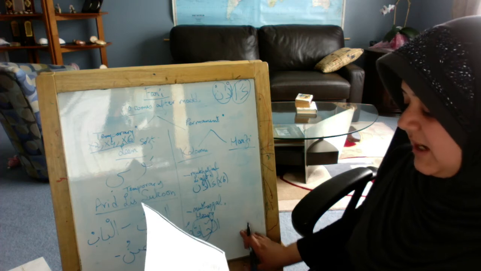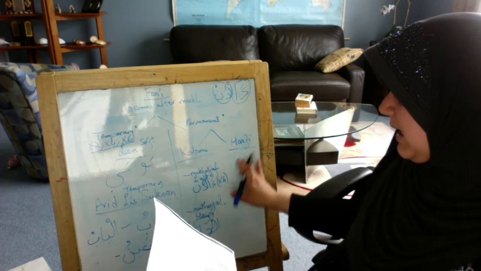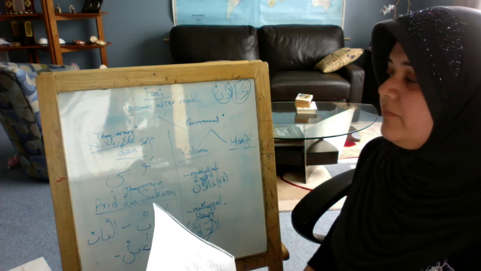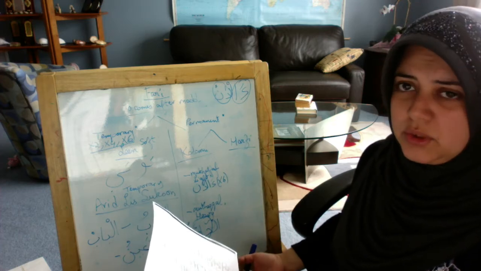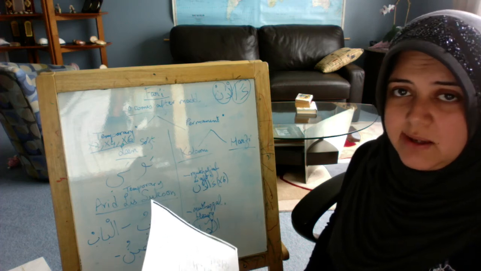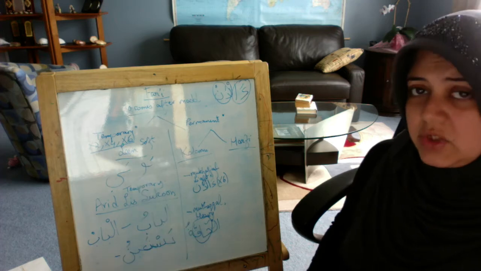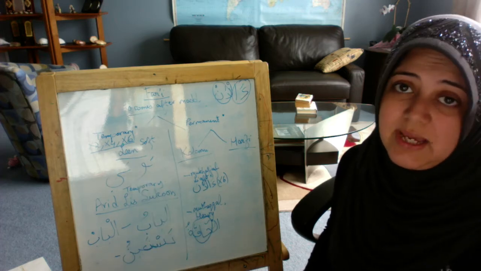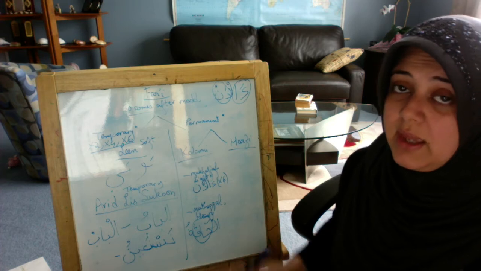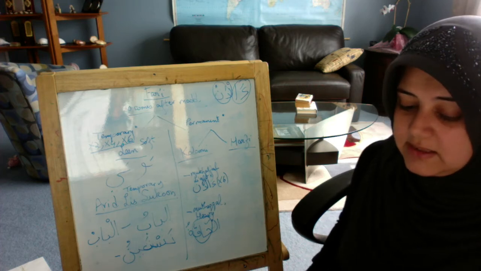So we have to have a shadda on the letter. Now, when you're looking at a harf, just one letter, like noon or meem, how are you going to know whether or not it has a shadda, right? Because all of those letters are not written with a shadda on it. So there's a special way to derive that.